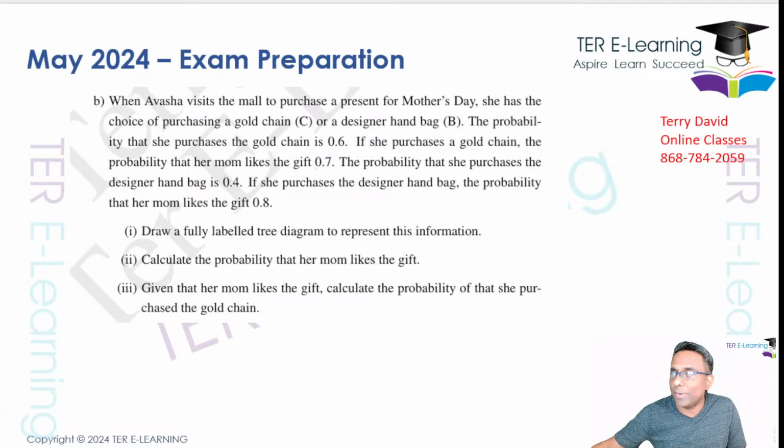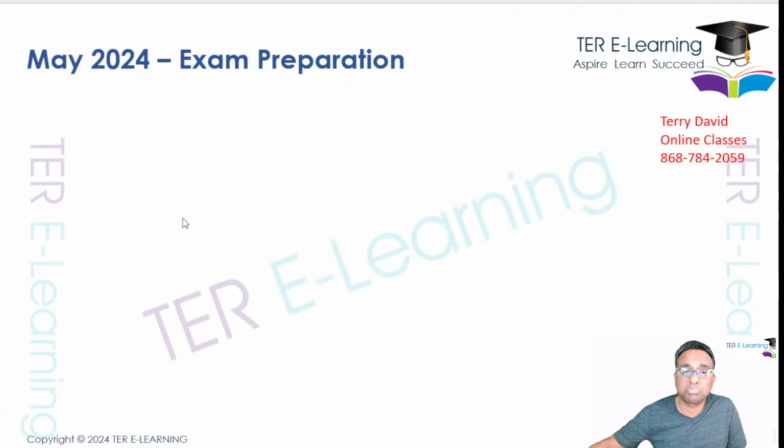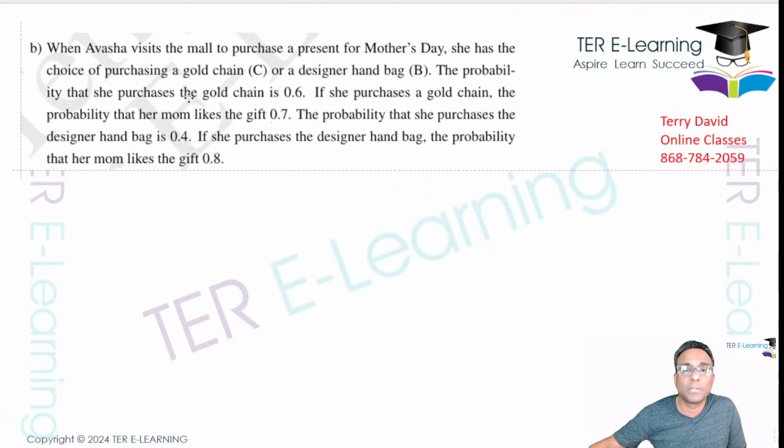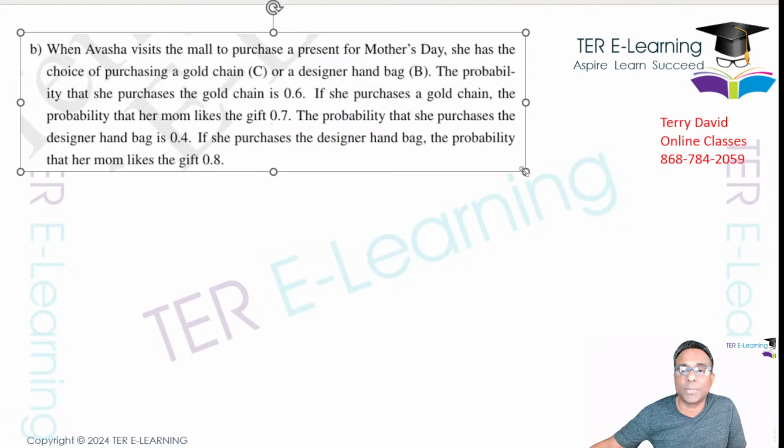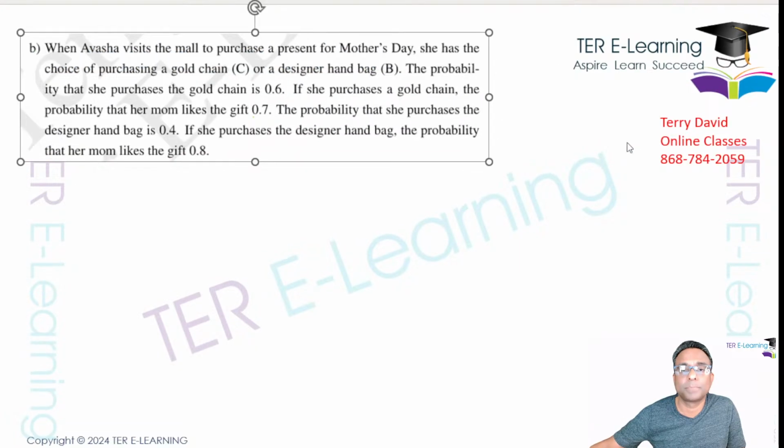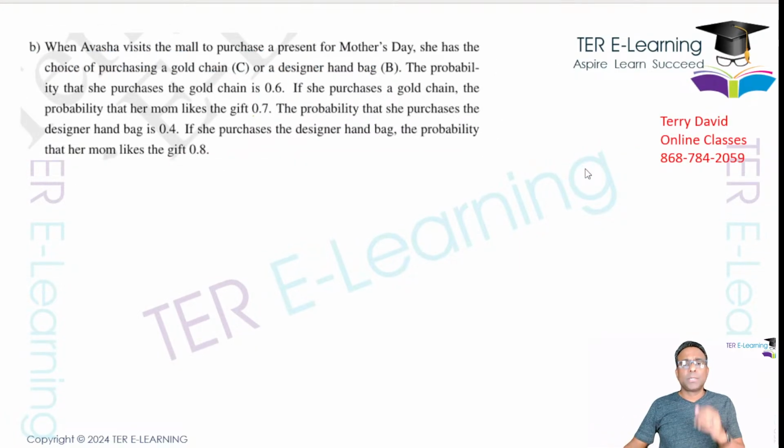Now I know it looks like a lot of words here. But if you read it carefully, it's very easy to draw the probability tree from this. So let's start at this node here.